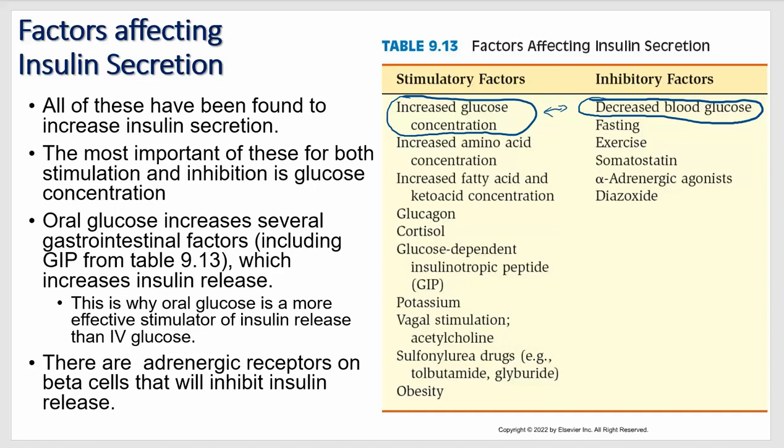In fact, oral glucose increases several gastrointestinal factors. So we have this here. This is an example. It's not one that you have to necessarily memorize, but it's an example of when you have a meal. We're talking about stimulating insulin release.